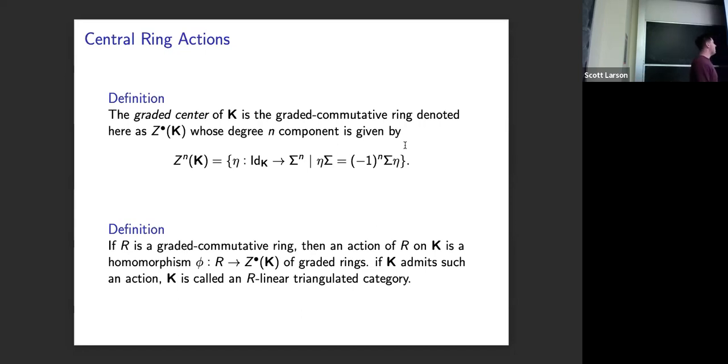And we say that a graded commutative ring acts on K if we have a homomorphism from R to the graded center. So in this case, we would call K an R linear triangulated category.